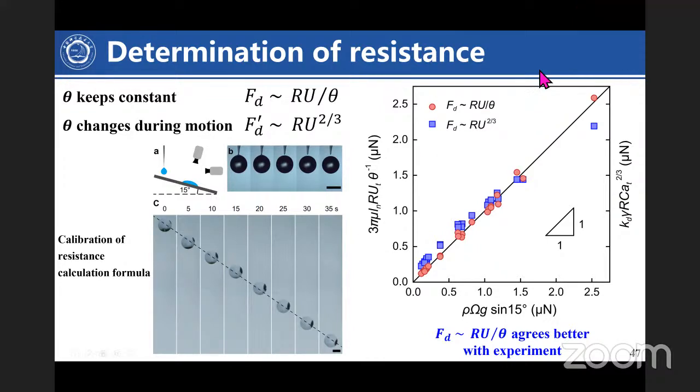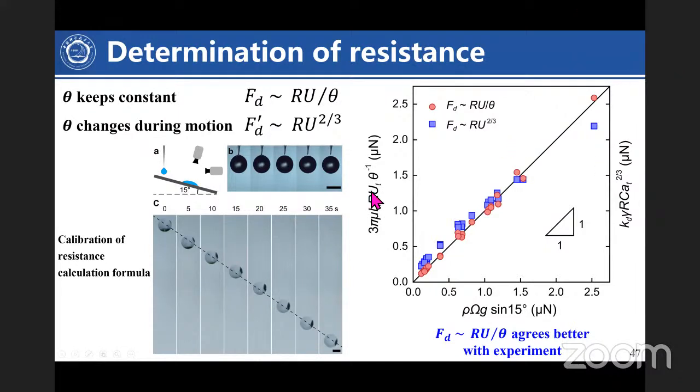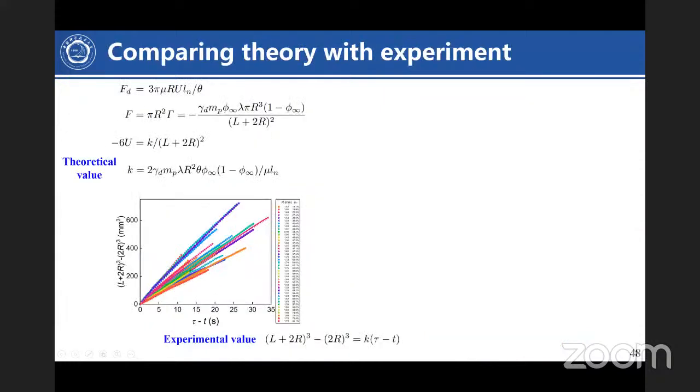Thanks for your very nice talk, Professor Lee. I have a question. Yes. For your experiment, you use an ultra high-speed camera for the coalescence of droplets. Can you observe exactly the contact of the two droplets, and how about the error of your measurements?